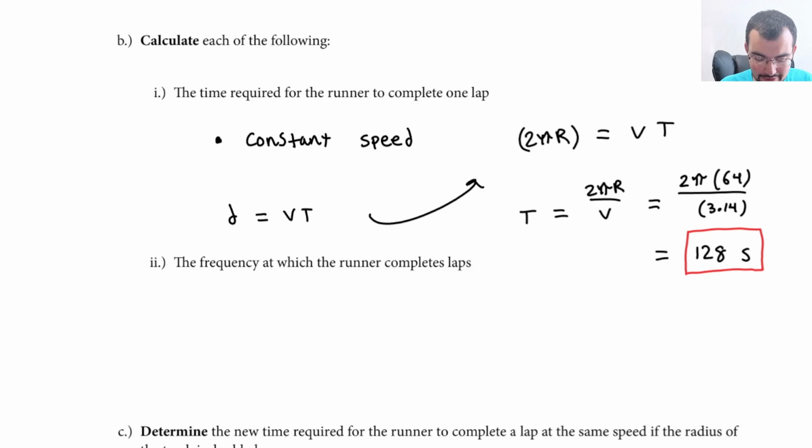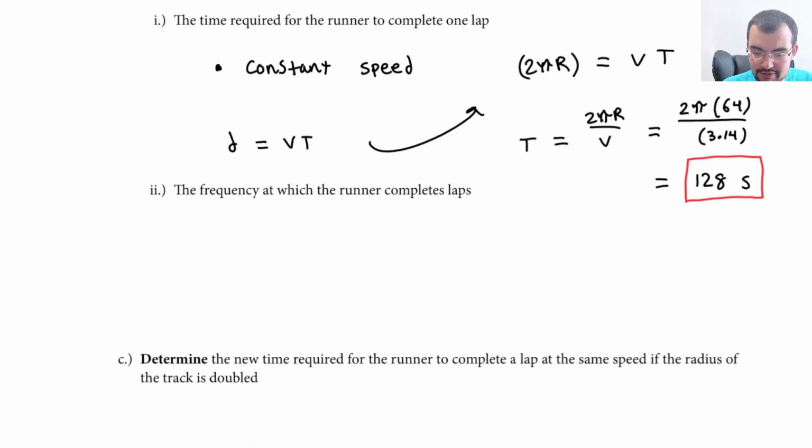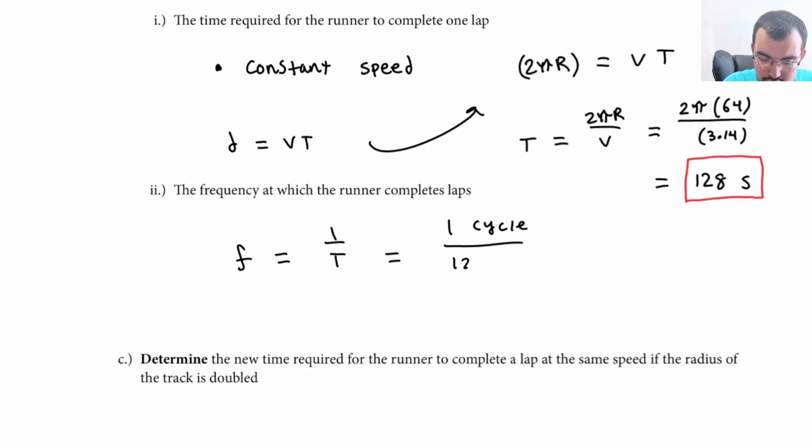So now we want the frequency at which the runner completes laps. This is not a usual metric we're given, but we defined it. Once you have period, it's really easy to convert to frequency or the other way, because frequency is just defined as cycles per second. So if we did this with units, we'd be doing one cycle every 128 seconds, meaning our frequency would be 1 over 128 hertz, or cycles per second, or just per second.